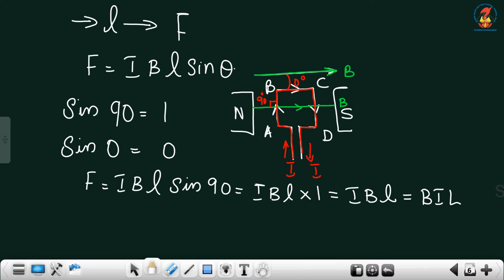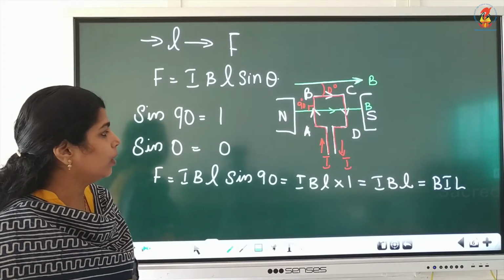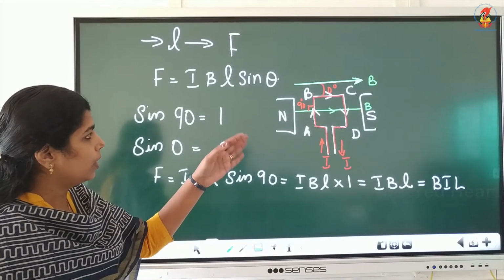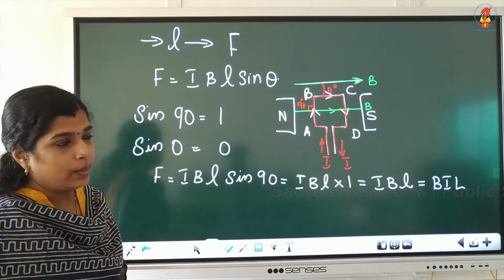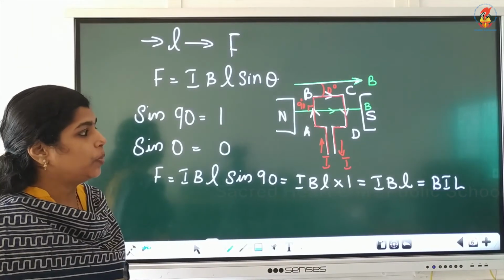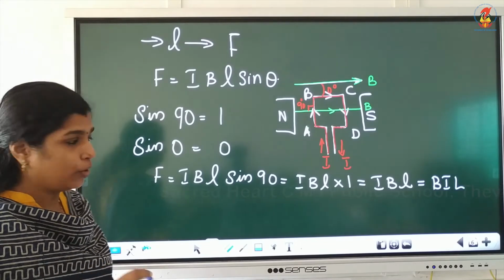Okay. So, if the angle between the current carrying conductor and the magnetic field is 90 degree, that means it will experience a maximum force.